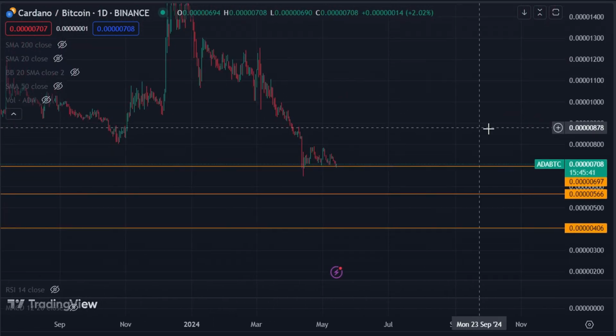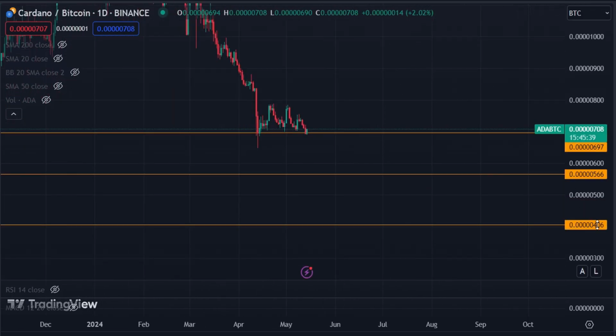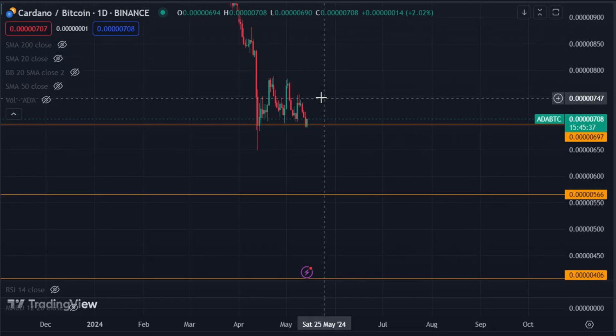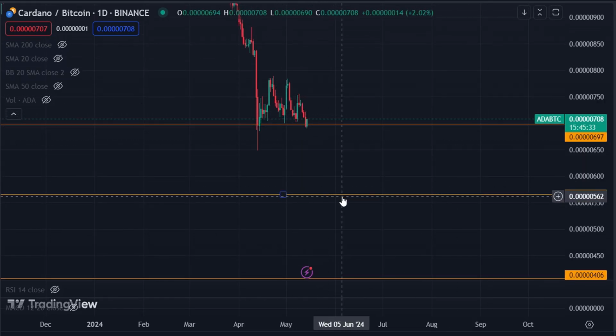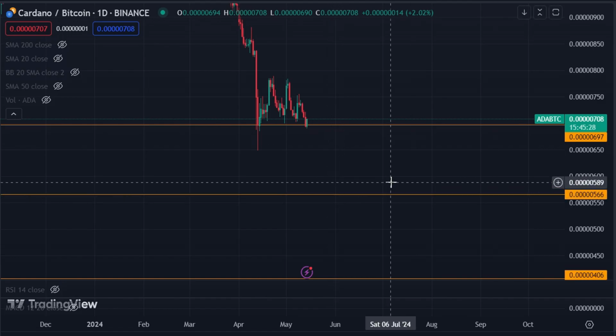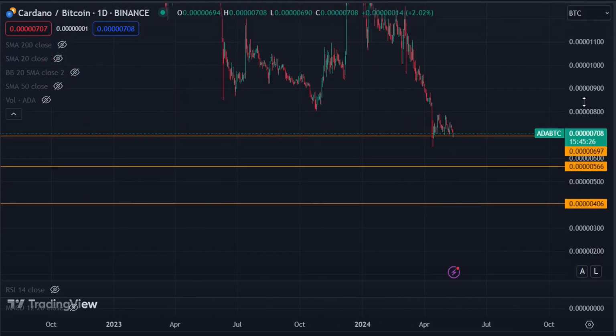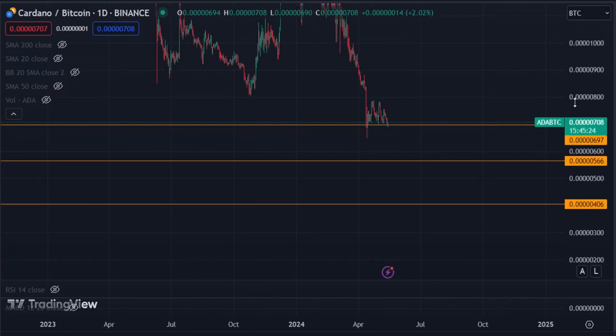So we are close to bottom. We could obviously see another fall down here to the 560 sat level. But overall, we are close to bottoming out.